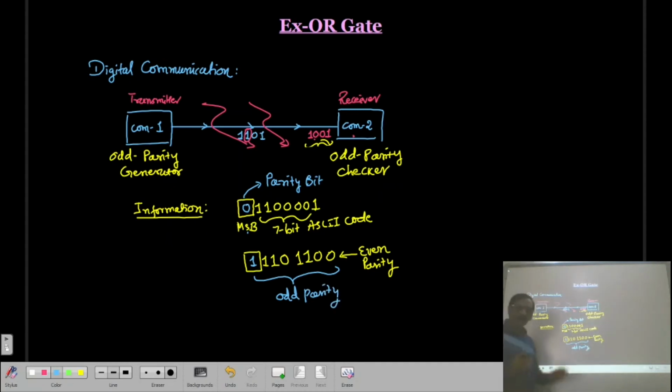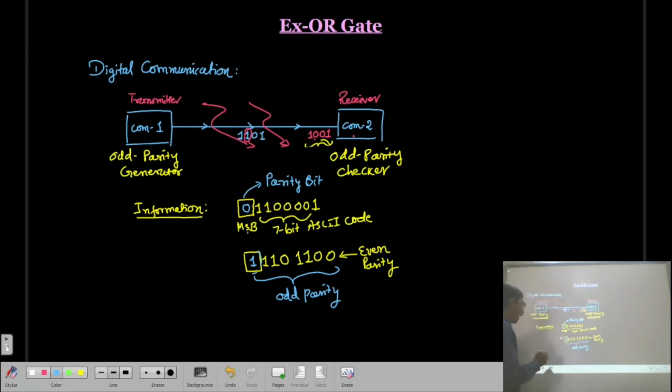So remember, if the information is with the odd parity, then my parity bit is going to be 0. If the information is with the even parity, then the parity bit is going to be a high. So in this way, whatever the information we have, that complete information you can convert to odd parity.